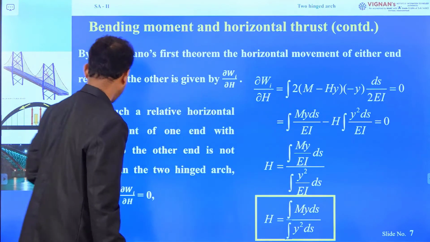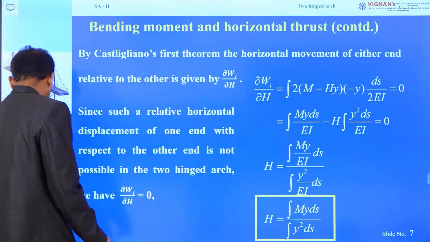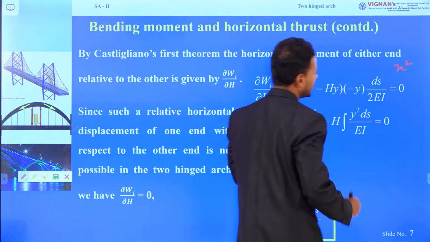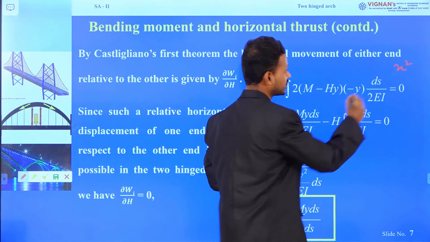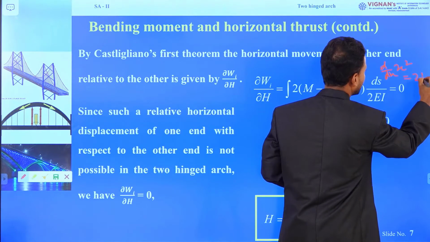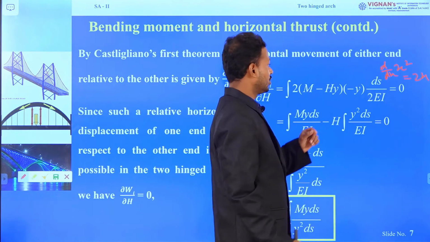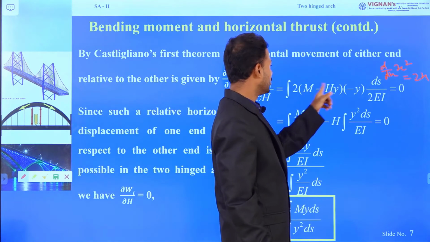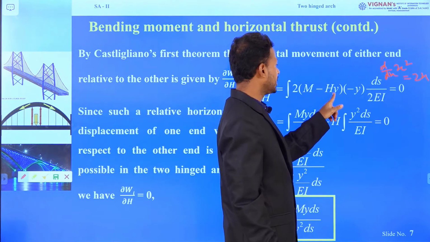How is this derivative coming? It is a function like x square. If we differentiate x square, we have 2x. So we had M minus H into y whole square, and we wrote 2 into M minus H into y.